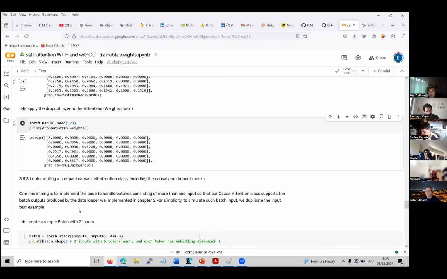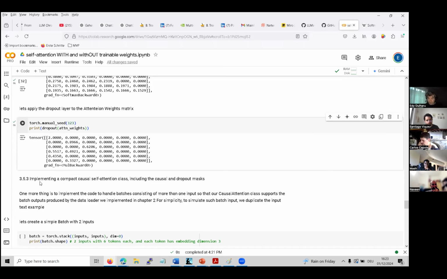Maybe somebody else has a different or a better explanation. Does anybody know? In the current chapter, it said that this is not done during inference.